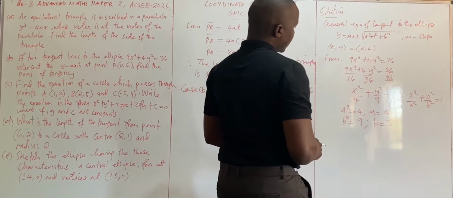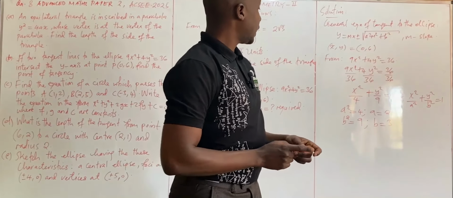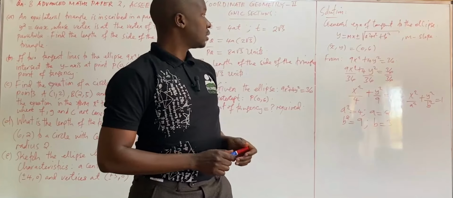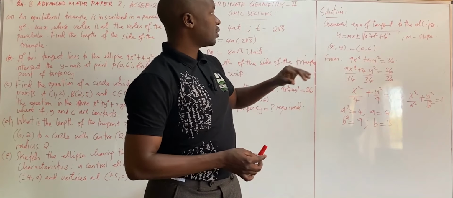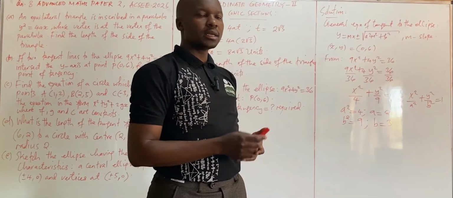It means here b is greater than a. If b is greater than a, according to the property of conic sections, in an ellipse it means the major axis is along the y-axis.